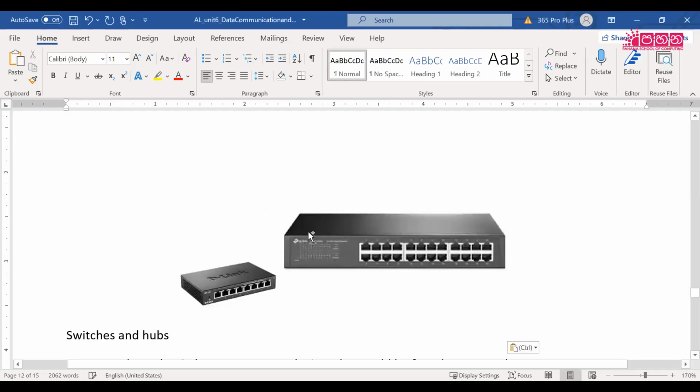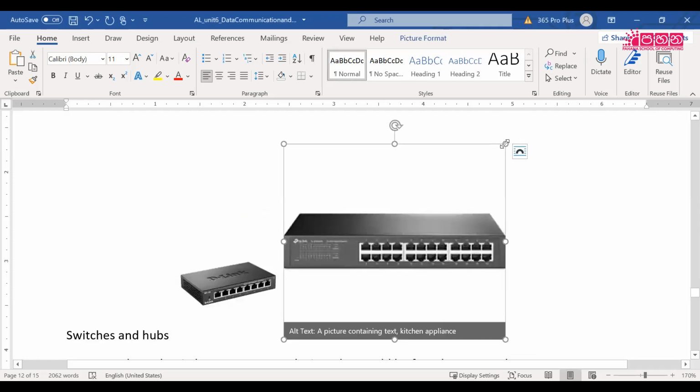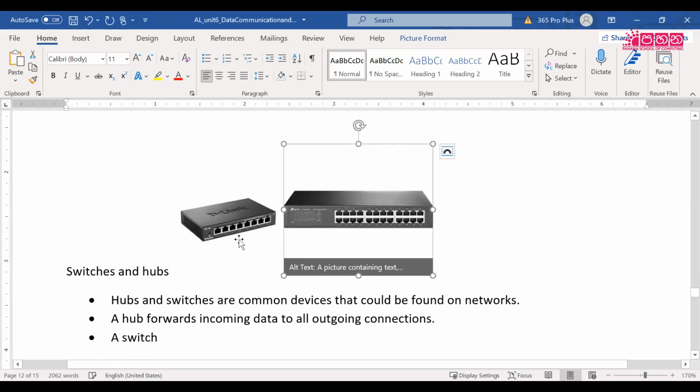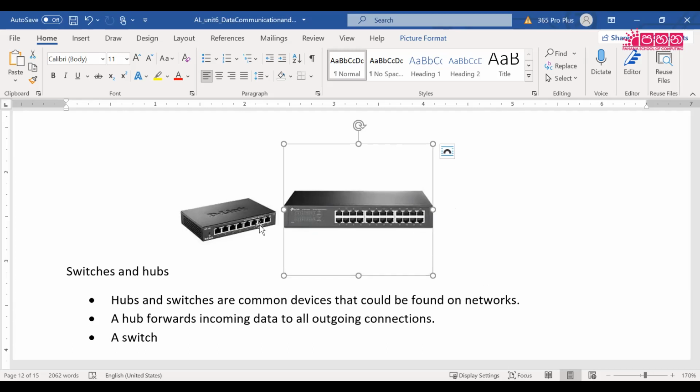So let me show you one more. So simply something like this. Let's say here we have an 8 port hub, you can have 16 and so on. But usually when it comes to switches, you have more ports, more connections compared to a hub. So a switch has more connections compared to a hub.